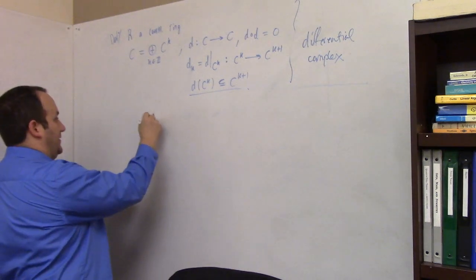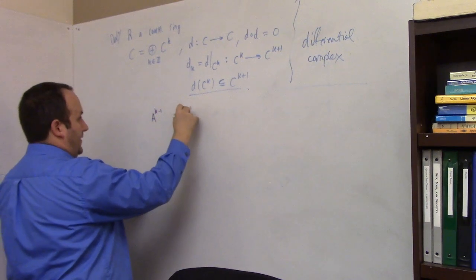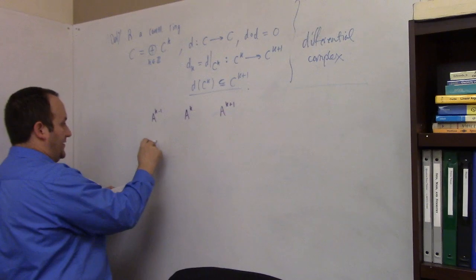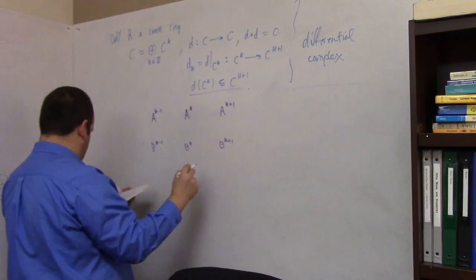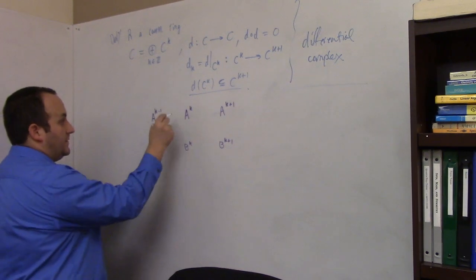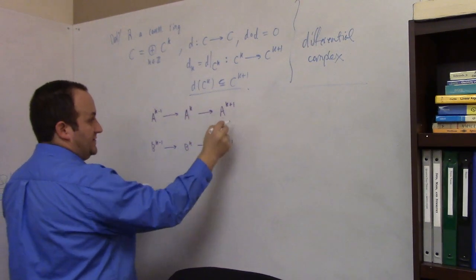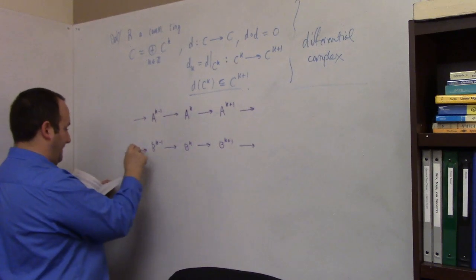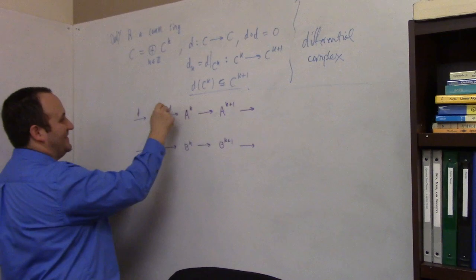So if I've got A_{k-1}, A_k, A_{k+1}, B_{k-1}, B_k, B_{k+1}, of course these are differential complexes. So what do we have? Well, he just uses D everywhere.